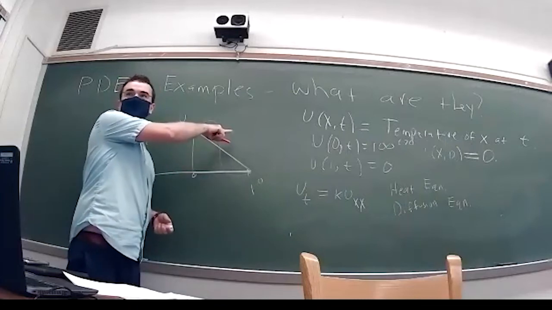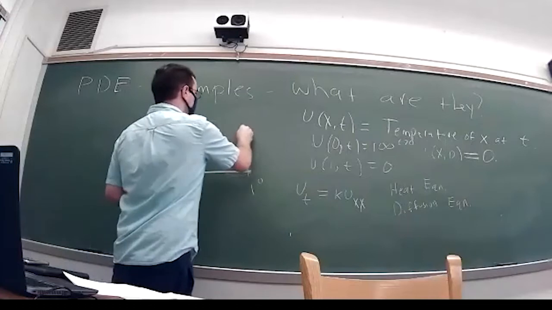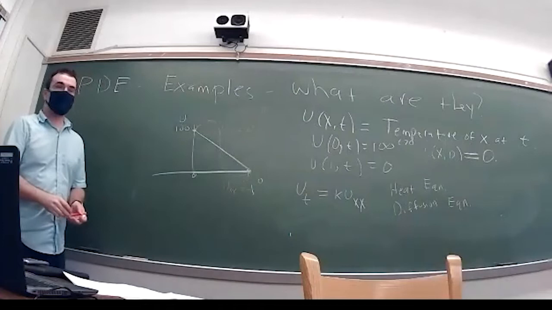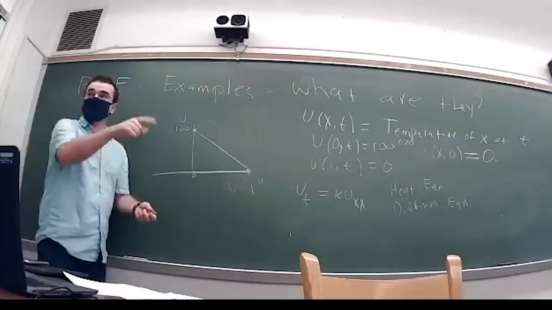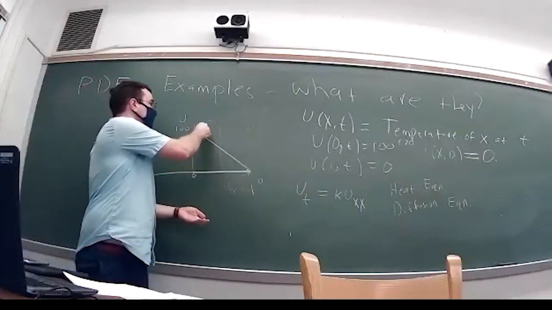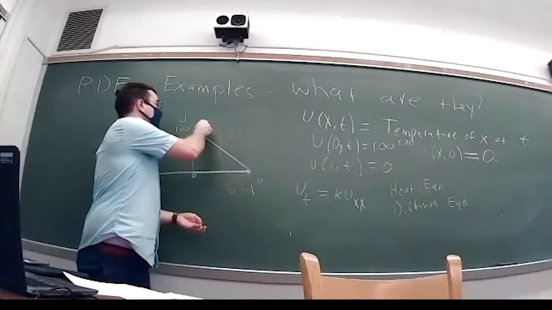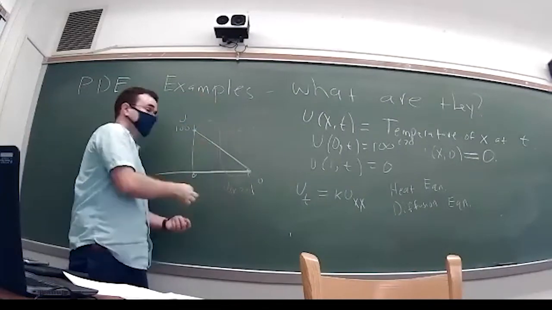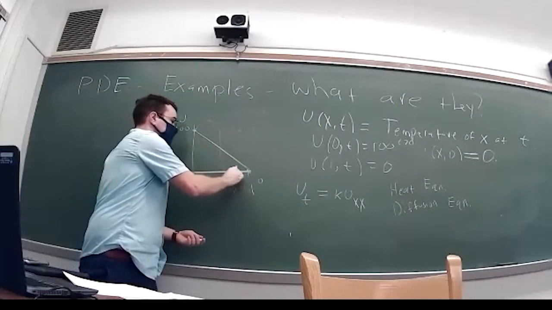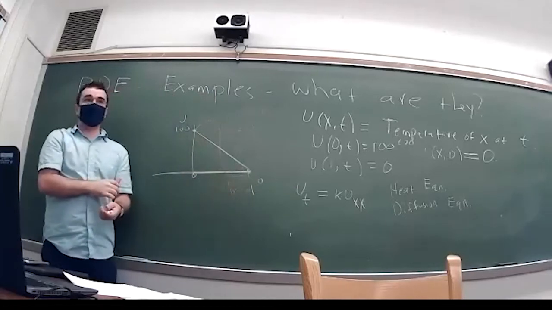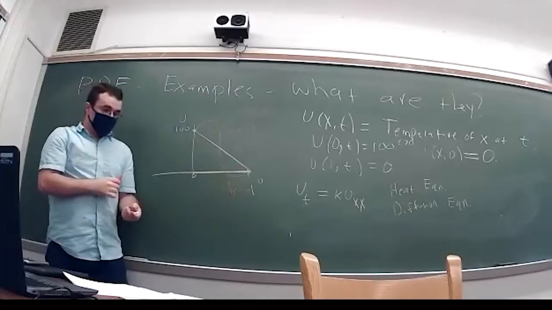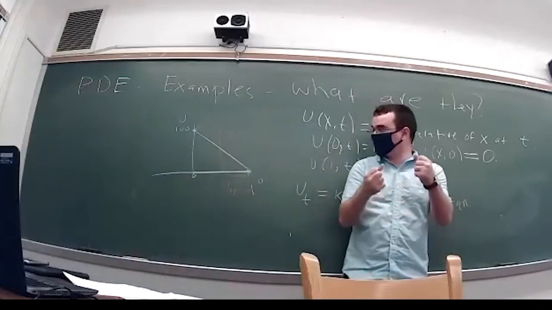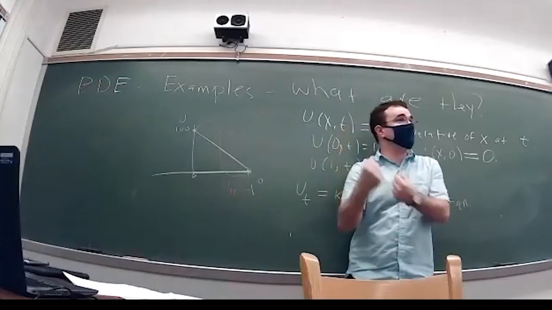Is it positive or negative? Negative. And here you've got positive. So that tells us that as time moves forward, your differential equation is pulling this part in and pulling that part up. And so the diffusion or the dispersion here is trying to pull you toward that steady state.